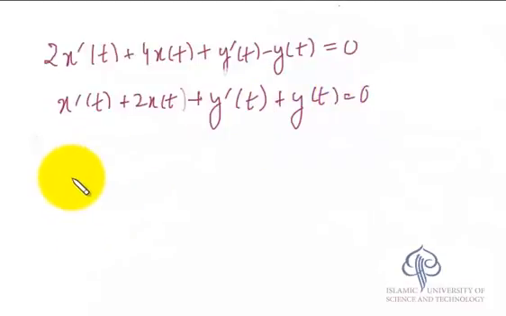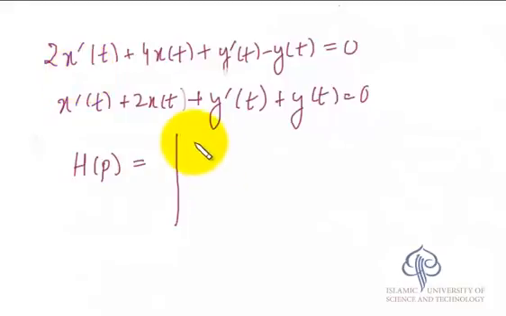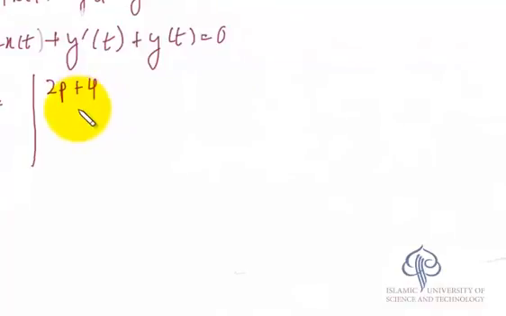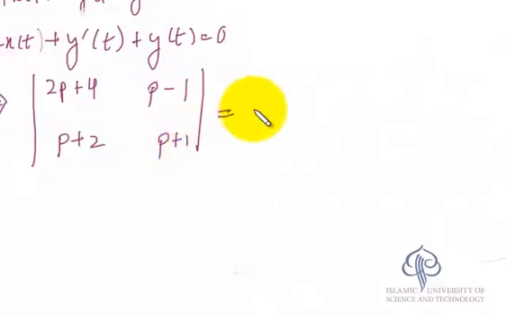So the characteristic equation can be obtained simply by substituting p here. So this is going to be 2p plus 4 and p minus 1. This is p plus 2, this is p plus 1. The characteristic equation is given by this determinant equal to 0.